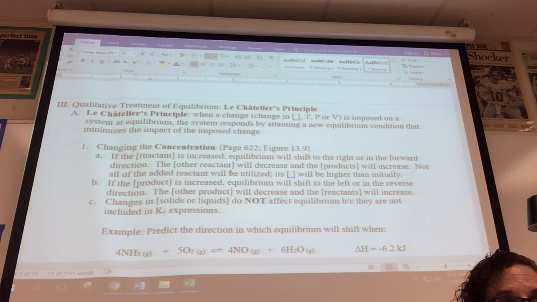We're going to do a whole bunch of examples, and before you walk out today, I think you'll feel very comfortable with Le Chatelier's principle. For those of you with great familiarity with it, focus, master the old concepts, and really take a look at the new ones.